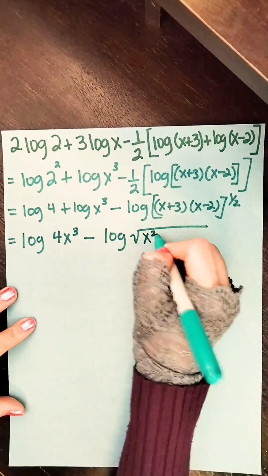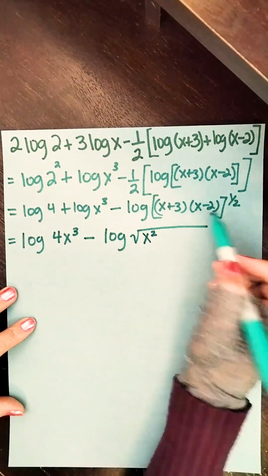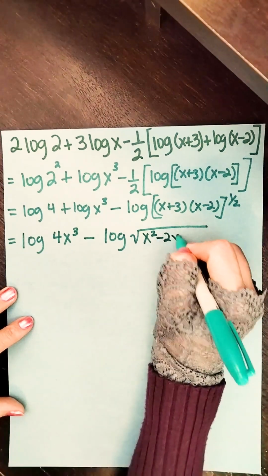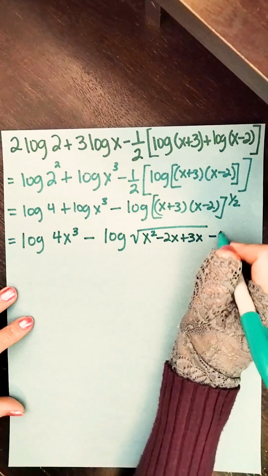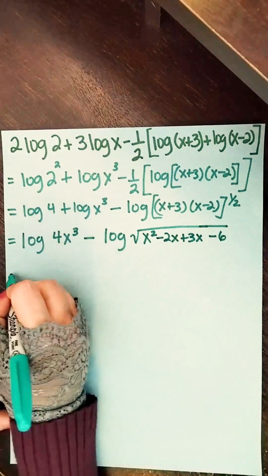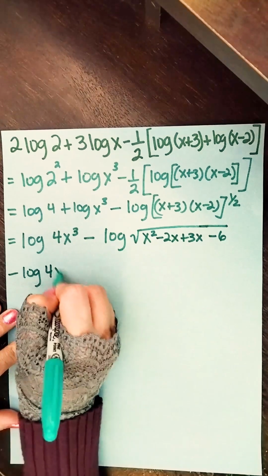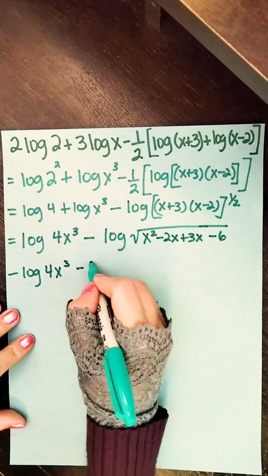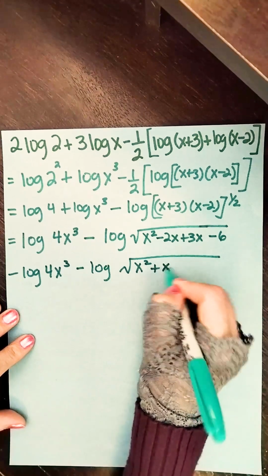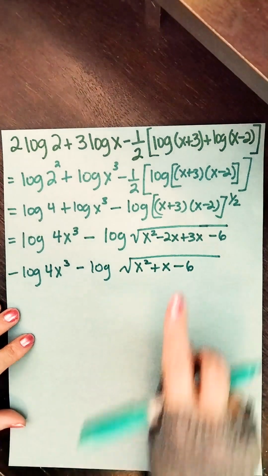So it's x squared, first; outside is negative 2x and inside is positive 3x minus 6. And of course, this will become the log of the square root of x squared plus x minus 6. We combine like terms.